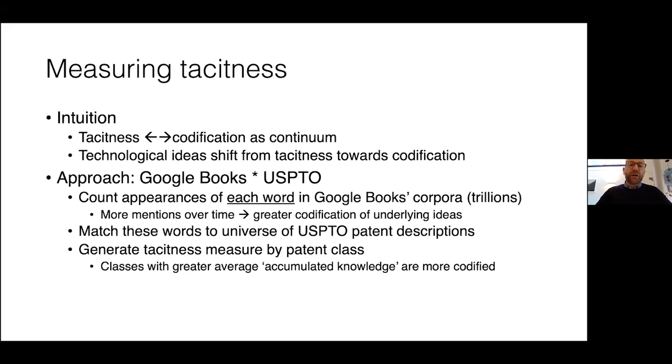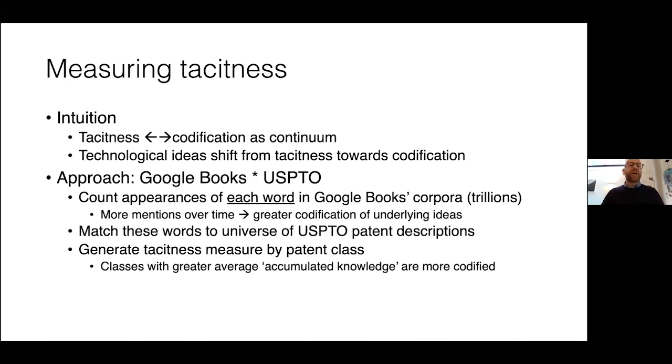All right, so let's talk about our attempts to measure tacitness here. The intuition comes from, of course, the great wealth of writing about tacit knowledge. And from that, we're boiling down some basic intuition that tacitness and codification represent poles in a spectrum or a continuum, first of all.